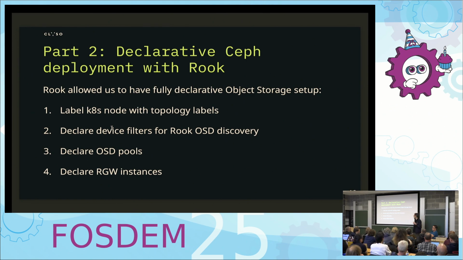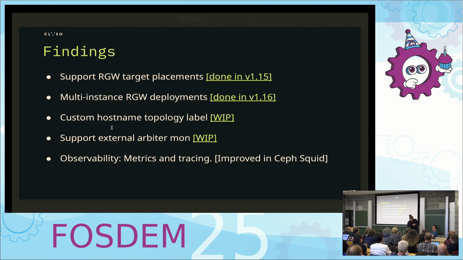So in our case, everything is in YAML for the latest cluster which we deployed, and here is what we had to fix to get there. So we added target placement support, because before it was not possible to configure target placement, aka storage classes, with Rook. We had to do this manually with the Ceph admin tool by editing the zone and zone group JSON.